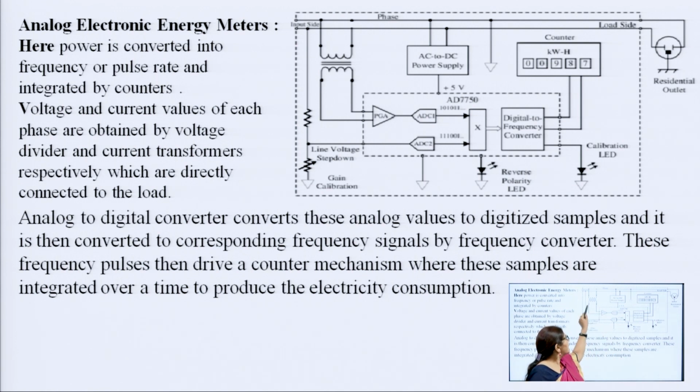Through this current transformer the current is fed, and through the voltage divider the line voltage is fed, and there is a digital to frequency converter. Basically it converts the value into pulse form. Those pulses are counted by the counter, and then it shows the total energy consumed.